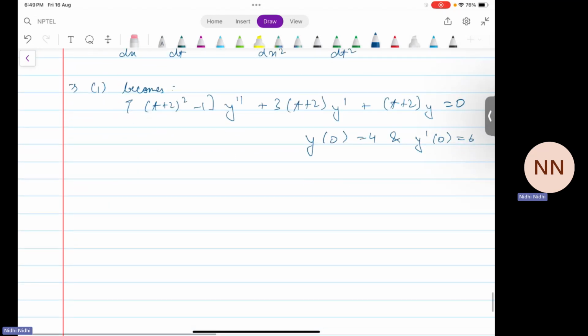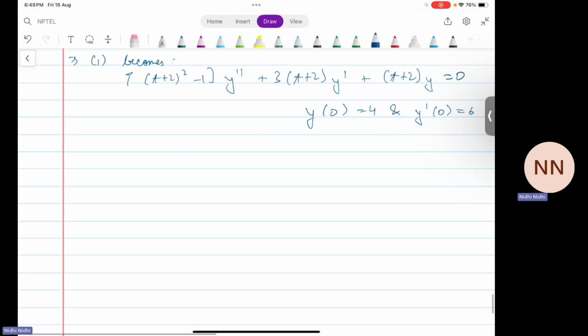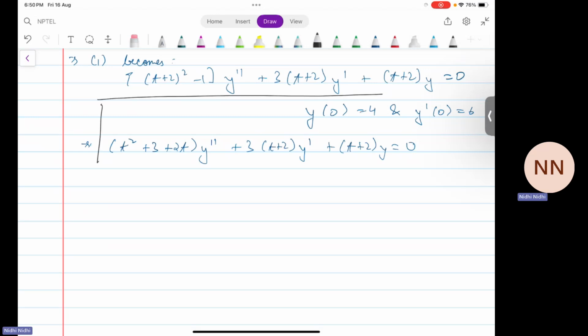Now let's just simplify this equation. We'll get (t^2 plus 4t plus 3) y double dash plus (3t plus 6) y dash plus (t plus 2) y equals 0, with the same initial condition.